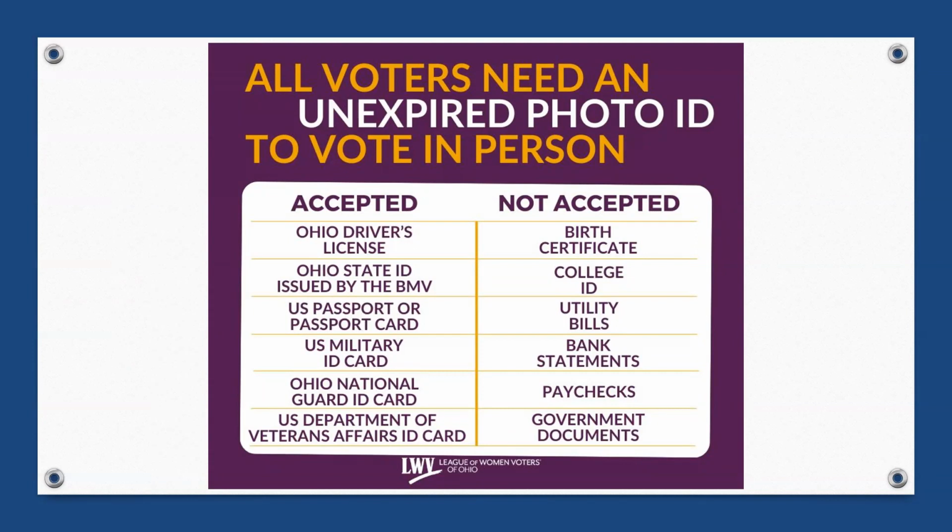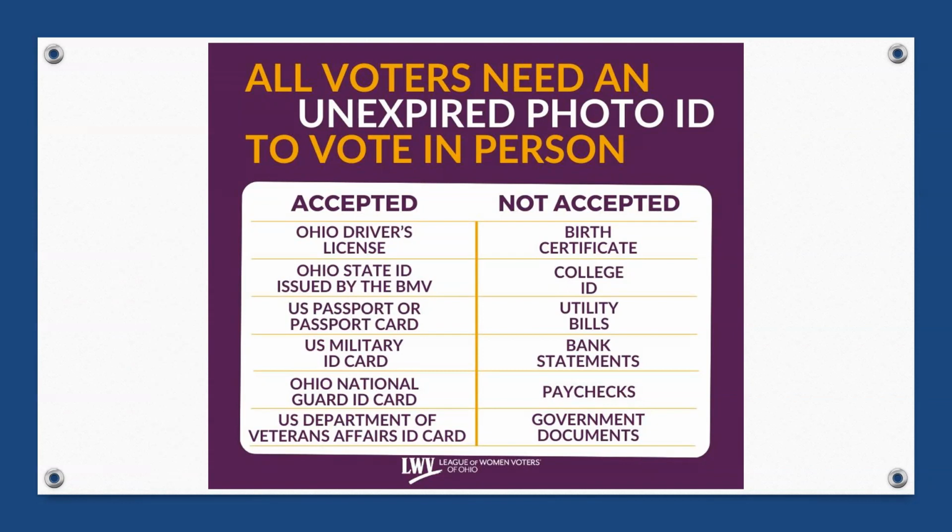So before 2023, you could use things like utility bills, bank statements, paychecks to show you are who you say you are when you go and vote. Now we have a very specific list of accepted IDs, and that includes an Ohio driver's license, an Ohio state ID.